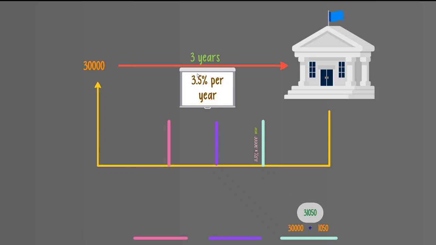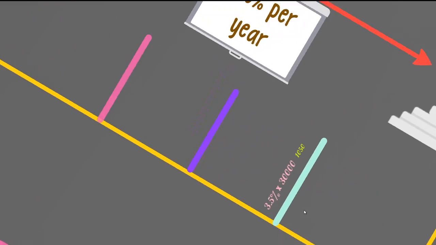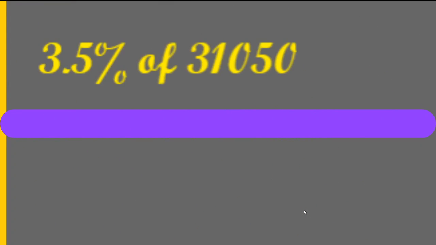So they will charge this interest based on that money, that is 3.5% of 31,050. So how much is that? When you do the calculation, you get 1,086.75 rupees. That's more interest.